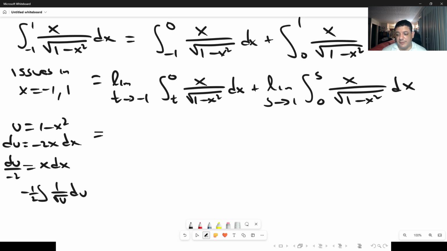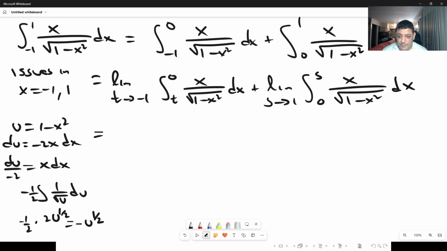Notice that this is essentially u to the minus 1/2. So integrating this is going to be twice u to the 1/2 times minus 1/2. So at the very end, when I integrate both of these, I'm going to get minus u to the 1/2, and that's going to be for both of these integrals.